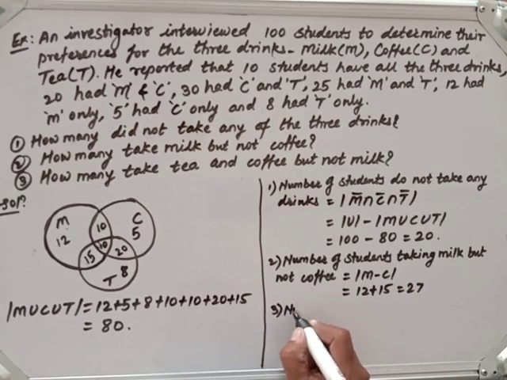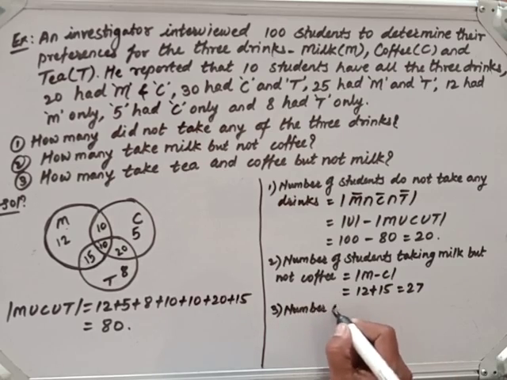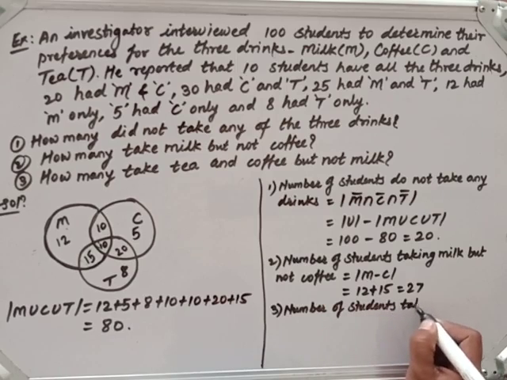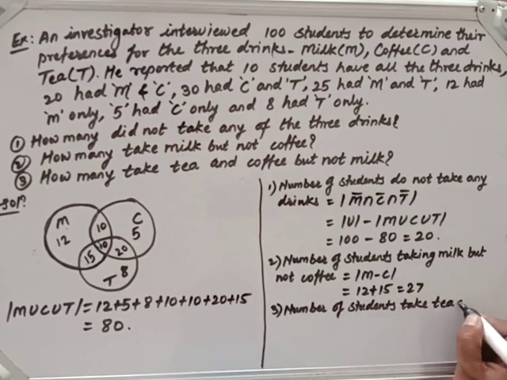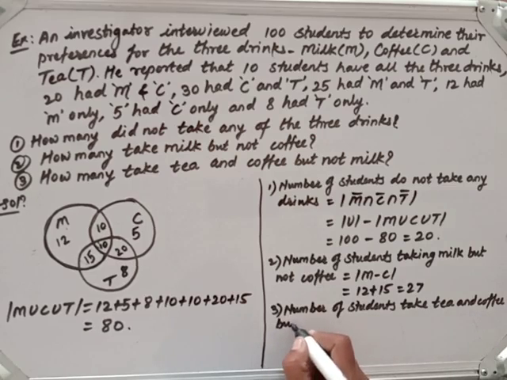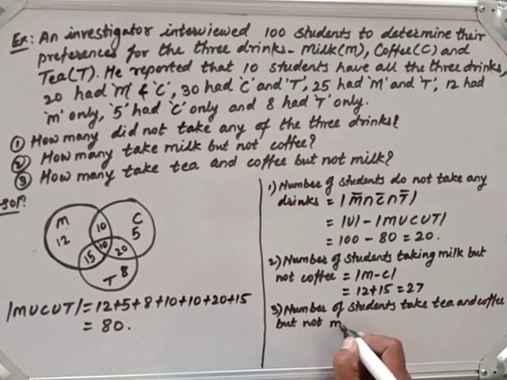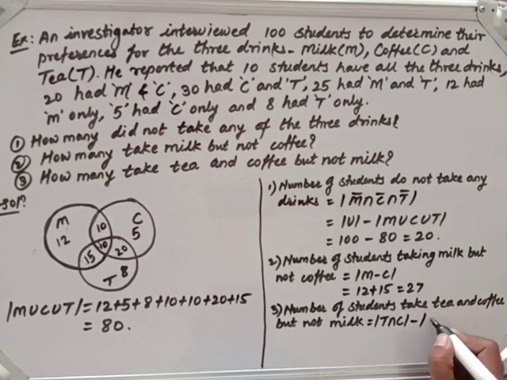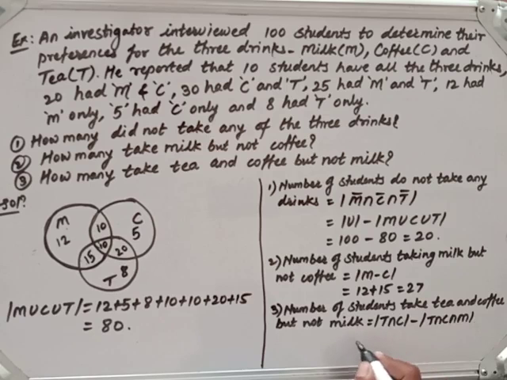Now the third: how many take tea and coffee but not milk? The number of students taking tea and coffee but not milk. Tea and coffee means T intersection C, minus not milk means we subtract the part that is common to all.